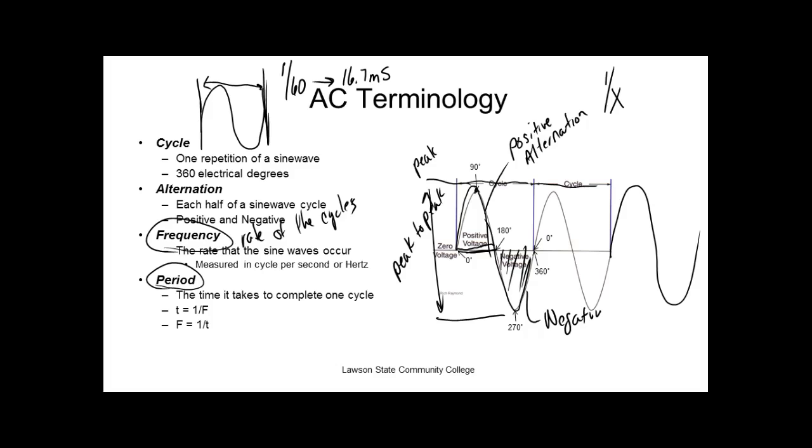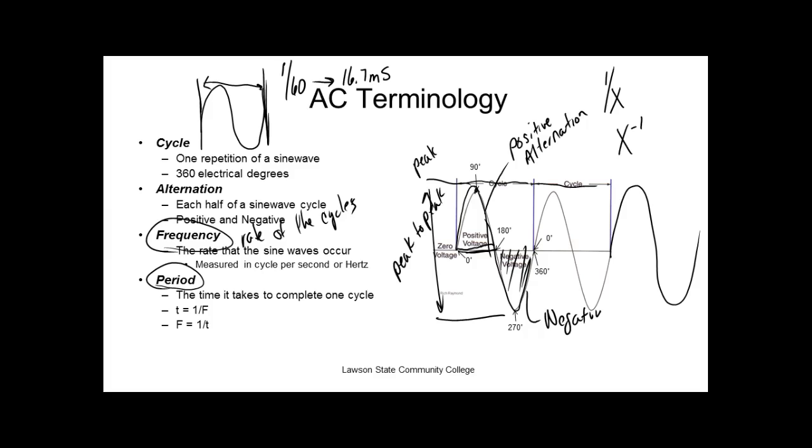We do this so much that scientific calculators have a reciprocal key on them. It's either going to be 1 over x or x to the minus 1. Both of those take the reciprocal of the number.